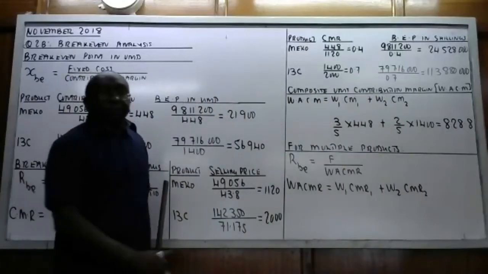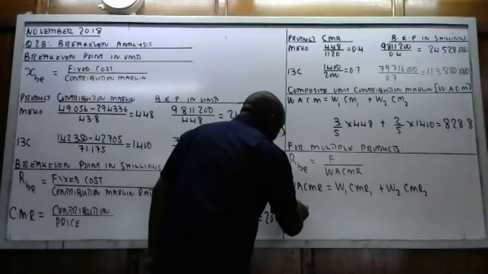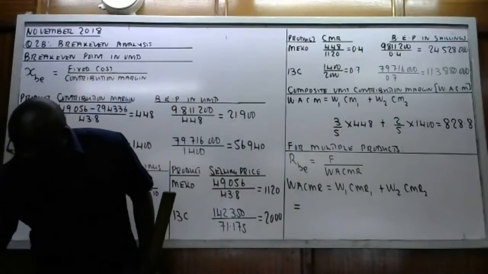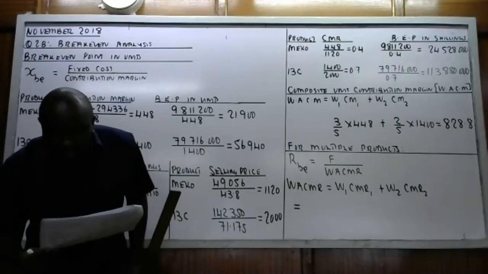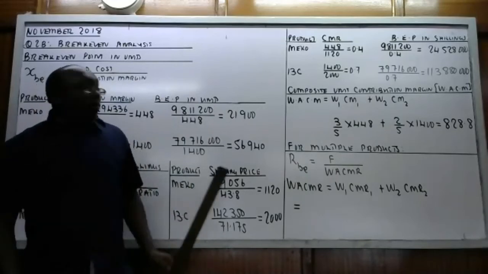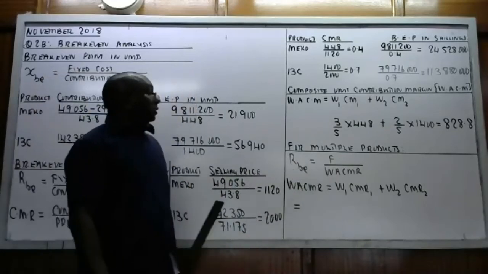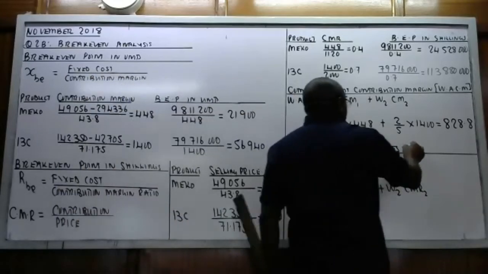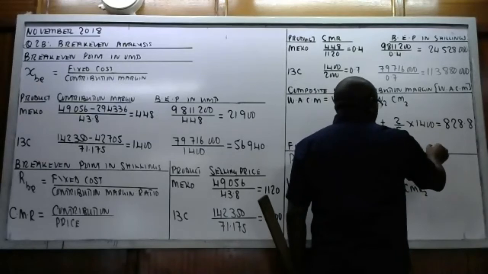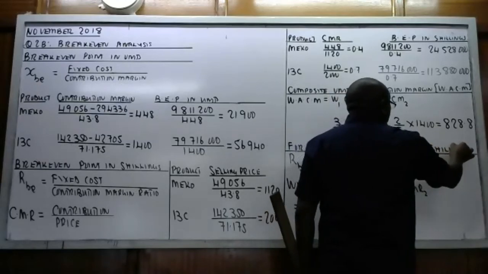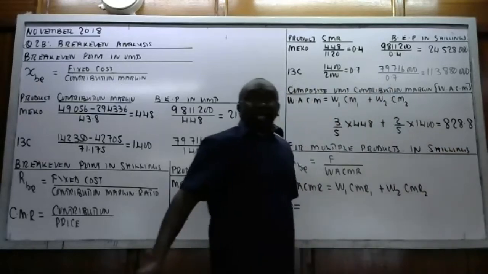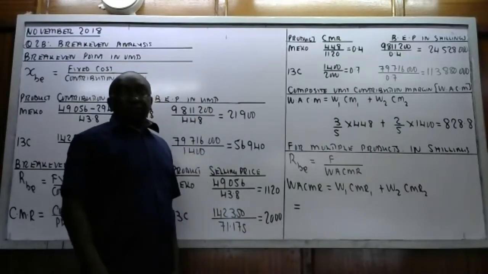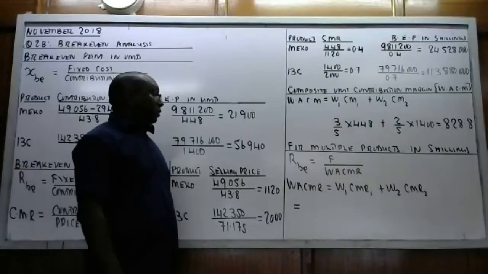So this one, we are told the ratio has changed. The ratio is 1:1. When you are in shillings, the weight is given in terms of the sales value.